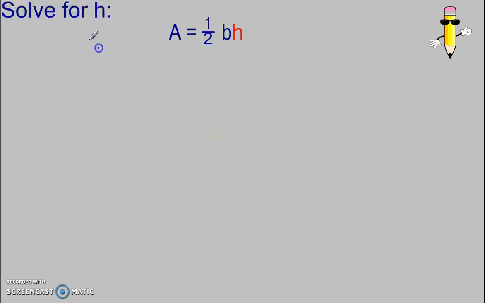Here we are solving for h, so I want to get h by itself. To get rid of a fraction, remember, multiply by its inverse, so we're going to multiply by 2 on each side. Times 2, that's going to cancel out the fraction. Then we have 2a is equal to b times h.